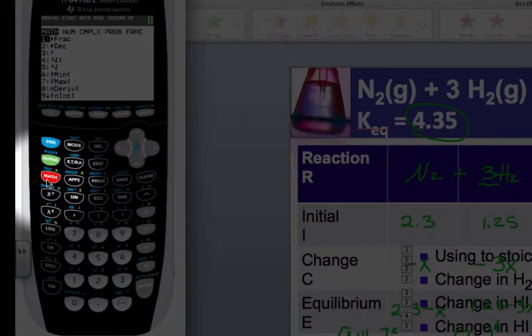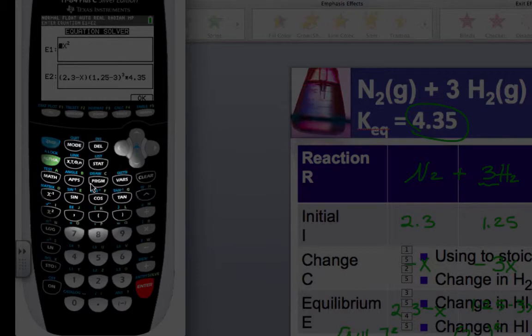So I go to Math and find my solver, and I want to clear it out.